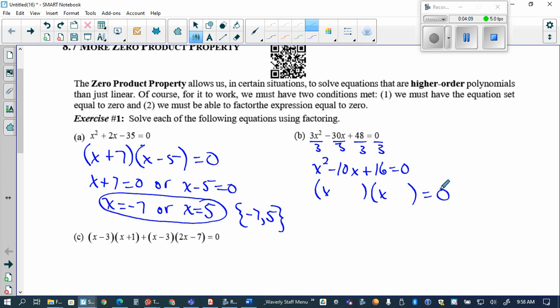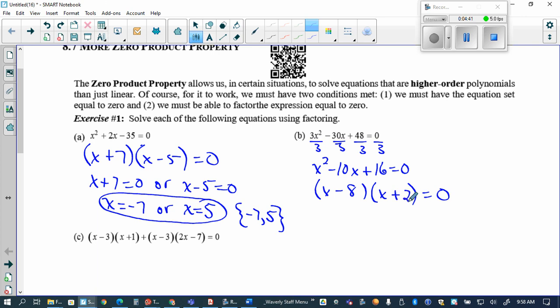I'm not doing chicken scratch off to the side or anything like that. Serenity, do you have the factors yet? Well, x, I just want the factors. She said x minus 8 and x what? Plus 2?